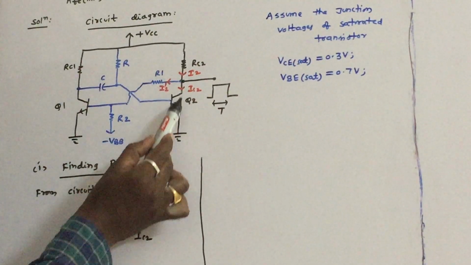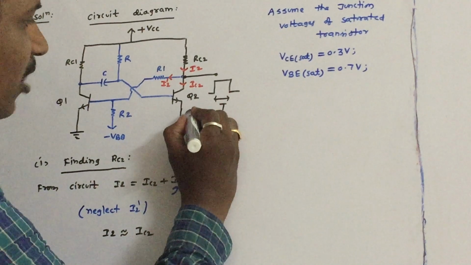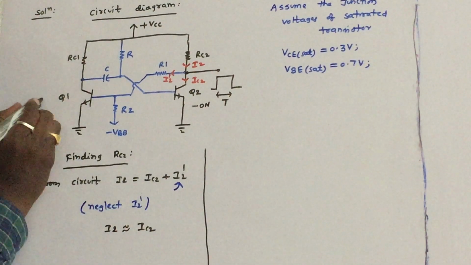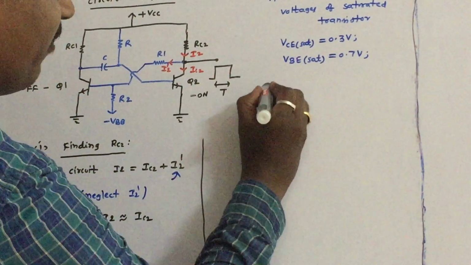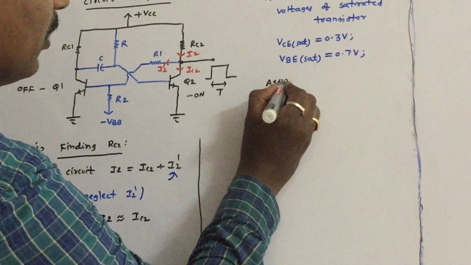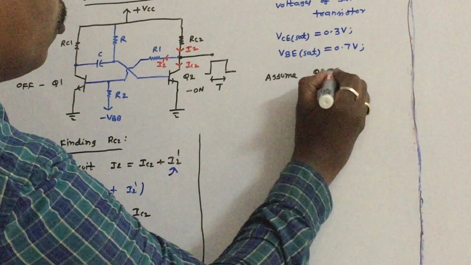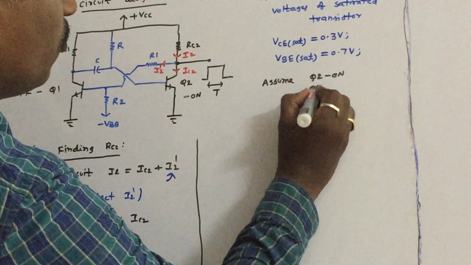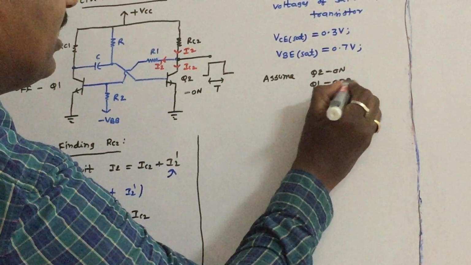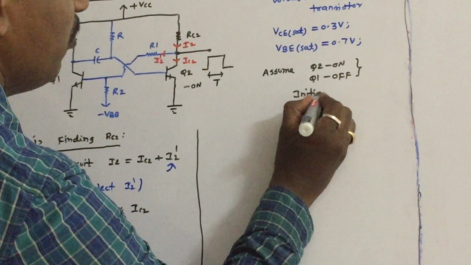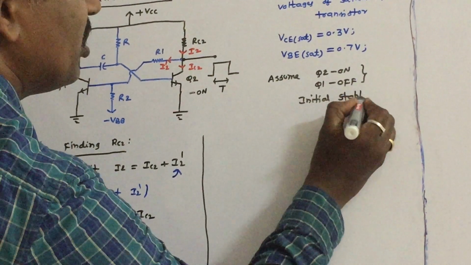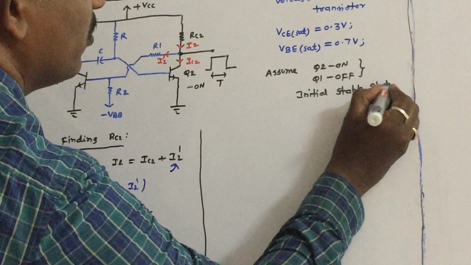Applying KVL to this loop, because initially assume Q2 is in on condition, so Q1 is in off condition. Here also mention a very important point: this is the initial stable state of the circuit.